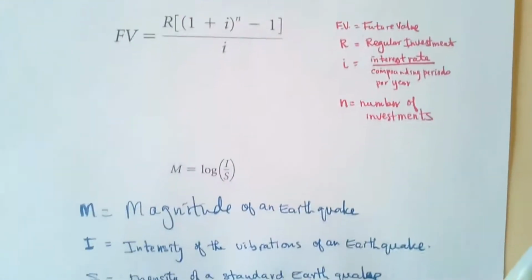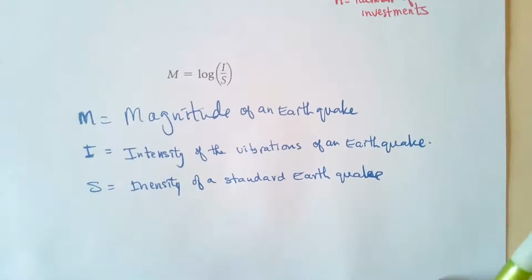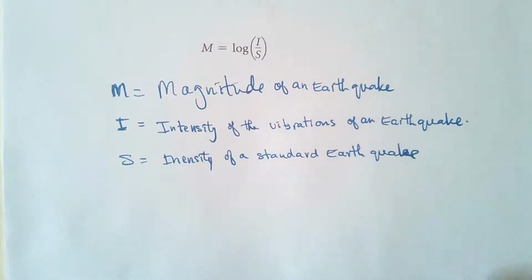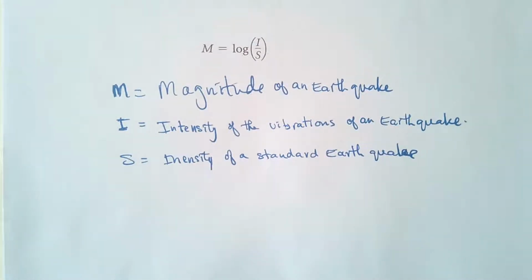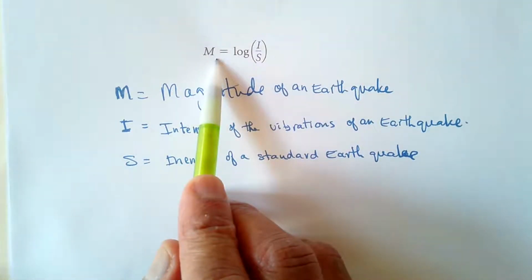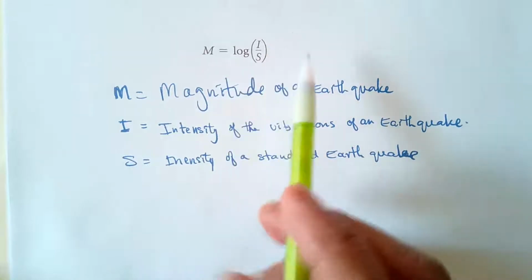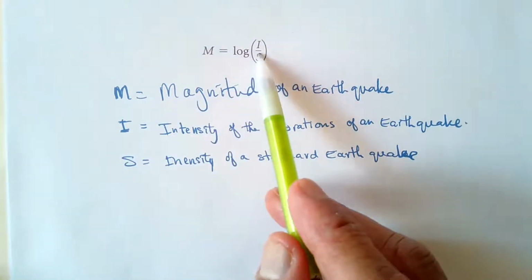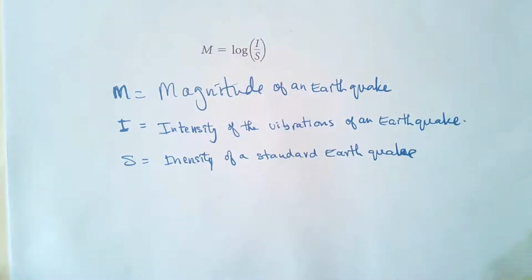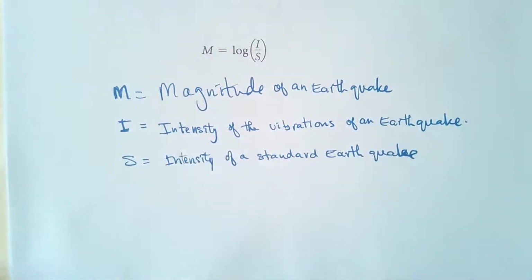The next one has to do with the Richter scale, which was developed by Charles Richter in 1935. He defined the magnitude of an earthquake to be the log of the intensity of the vibration of an earthquake divided by the intensity of a standard earthquake.